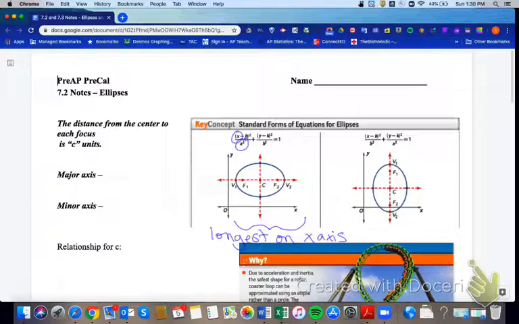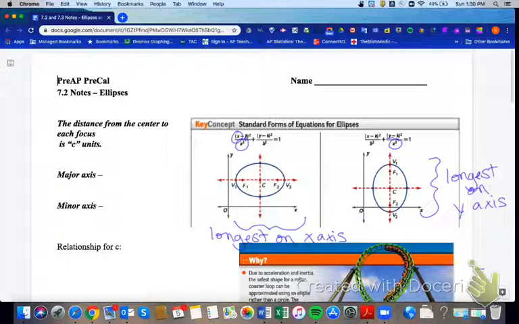Right? But in the second equation, notice that a squared is under the y squared. So when the largest number is underneath y, that means the ellipse is going to be longest on the y-axis.